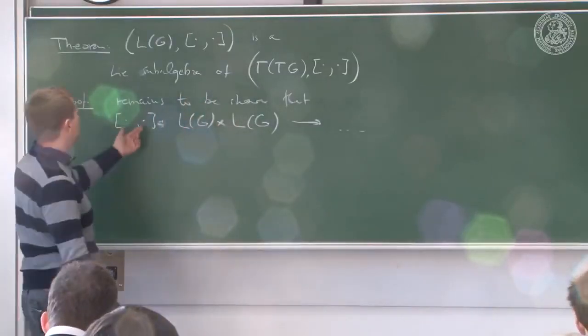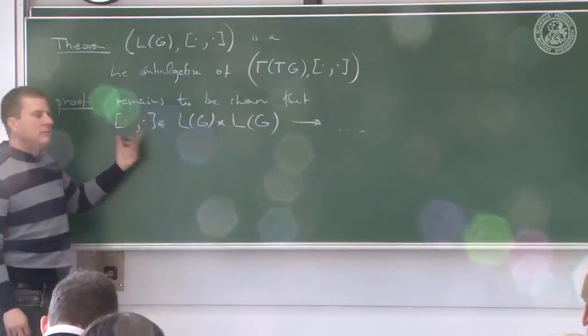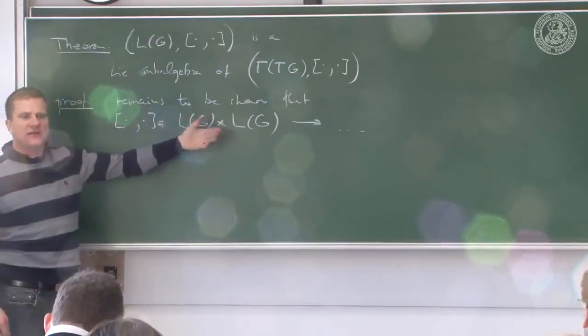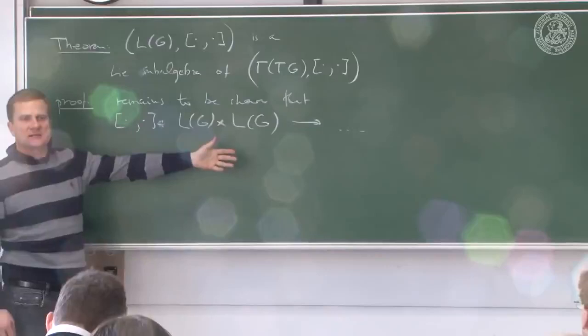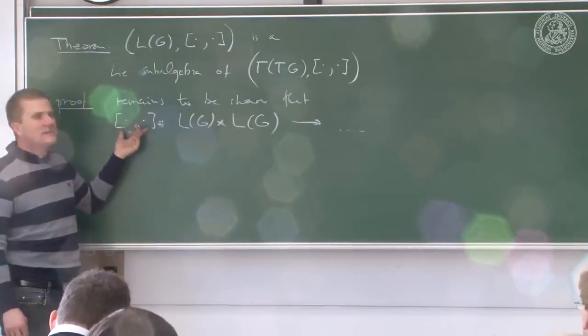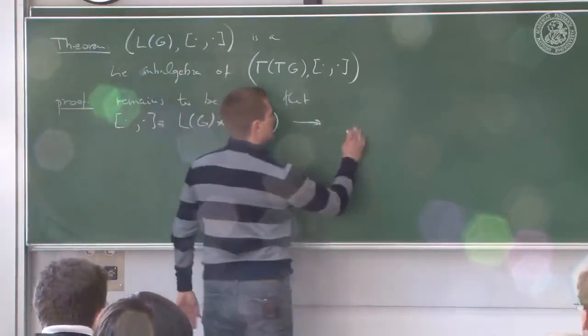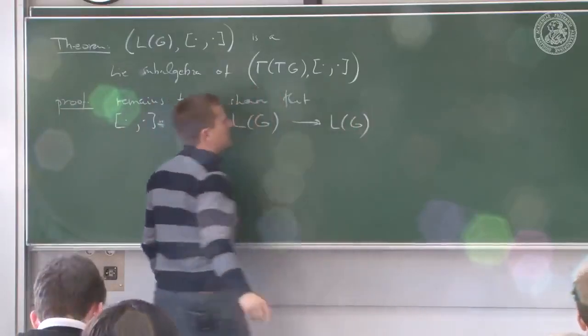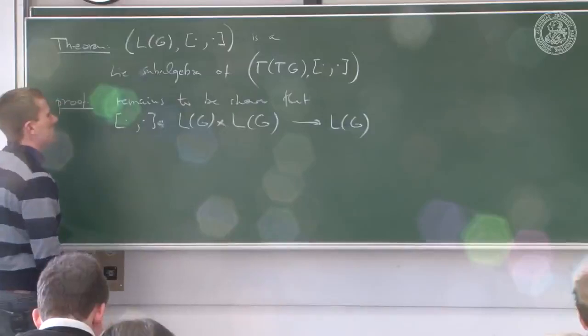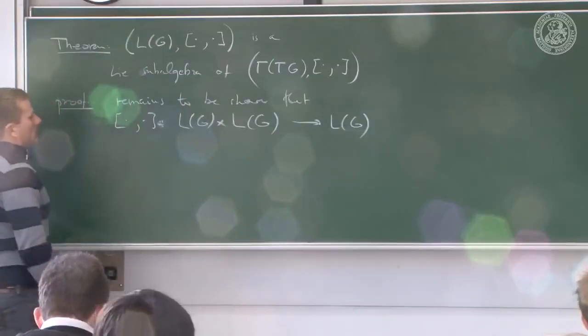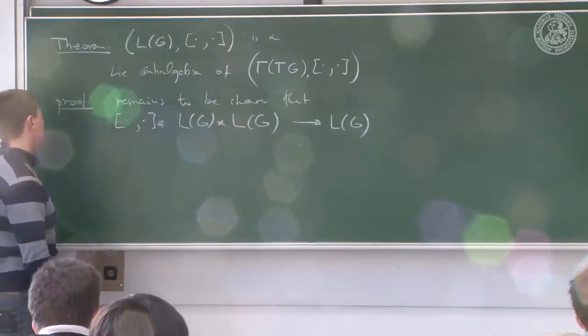that what you get is again a left invariant vector field. It could be you feed it two left invariant vector fields, but the bracket destroys this left invariance property, and the result is a vector field. It must be, but it's not a left invariant vector field, right? So we need to show that the result is again a left invariant vector field. So how do we do that?